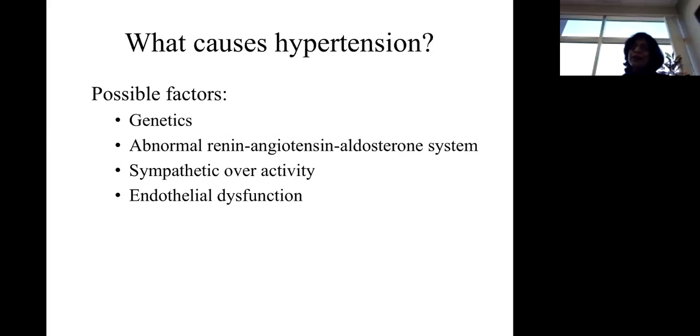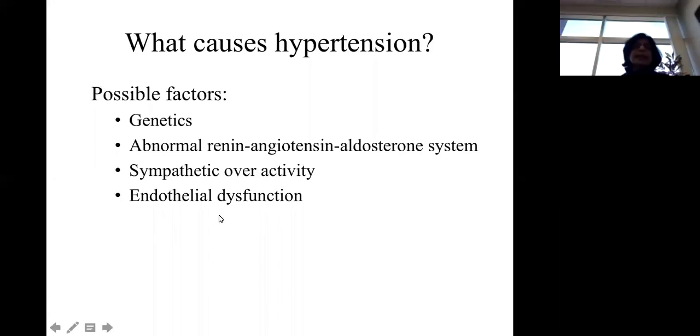It also increases vasoconstriction. What that means is an increase in total peripheral resistance. So sympathetic overactivity could lead to increased blood pressure consistently, and that leads to hypertension.